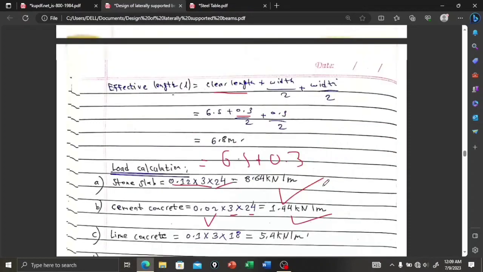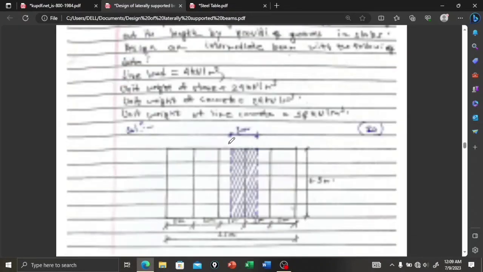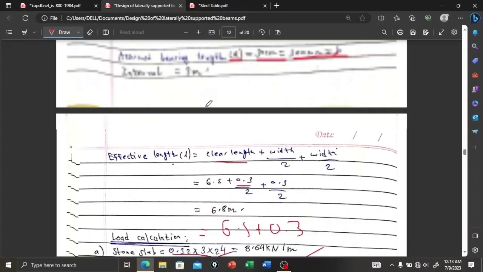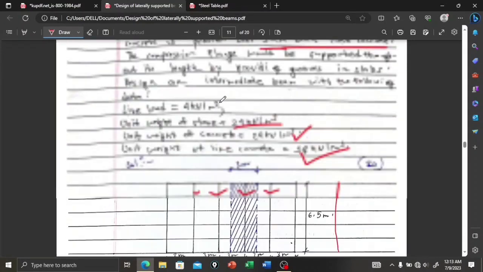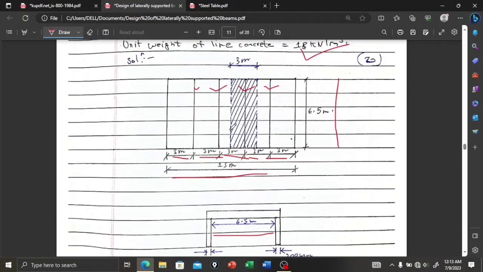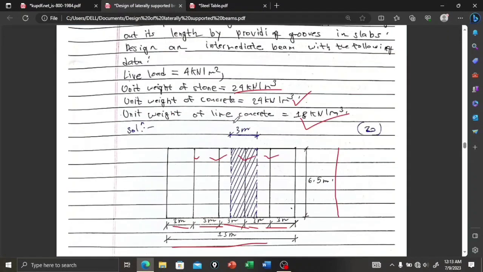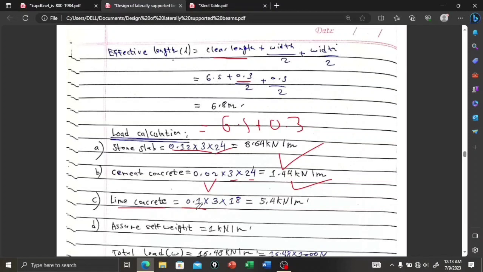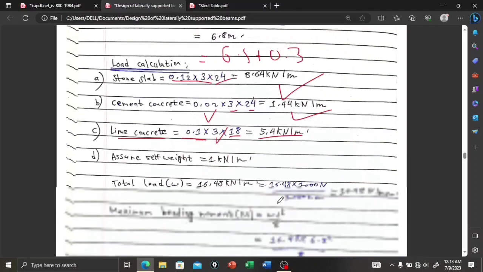And for lime concrete, 10 centimeter, that is 0.10, and unit weight is 18, center to center 3, so 5.4 kN per meter.